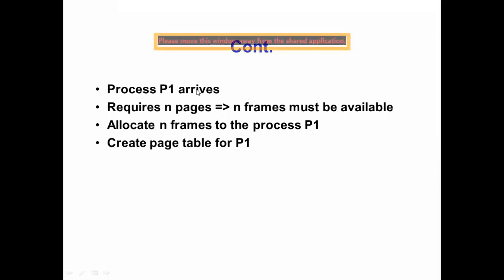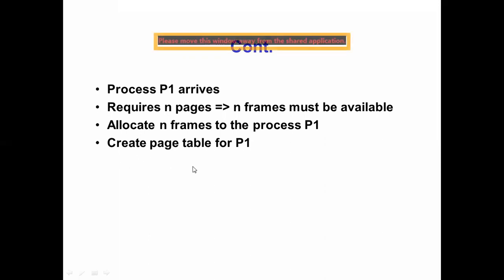As the program runs, it will create a page table for a particular process or program. As the process reaches the central processing unit, it will create the number of pages, and it will also depend on the size of the program. The information is stored in the page table.